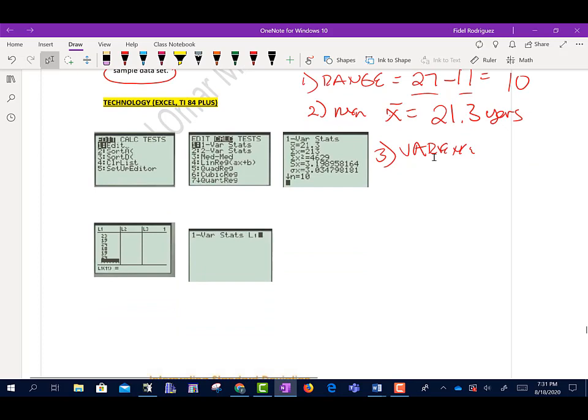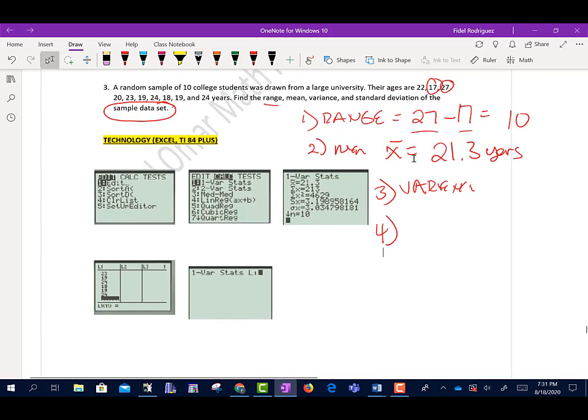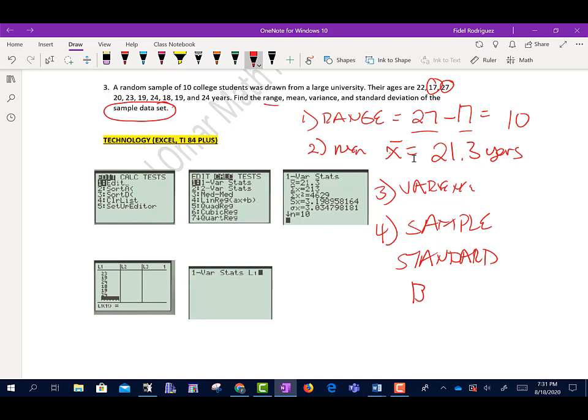So what I'm going to do here is I'm going to put number 3, which was the variation, and number 4 was the standard deviation. And because we're talking about a sample, it's going to be the sample standard deviation. Okay.